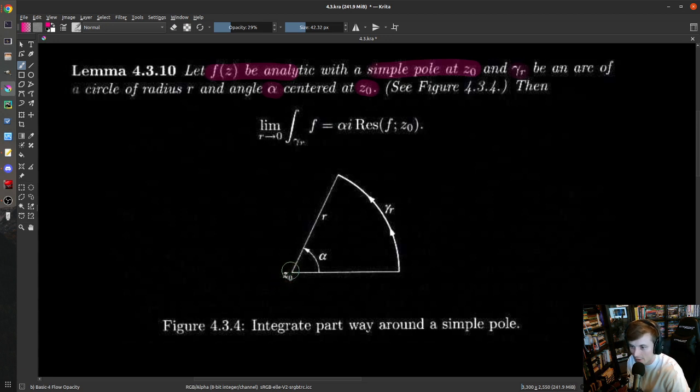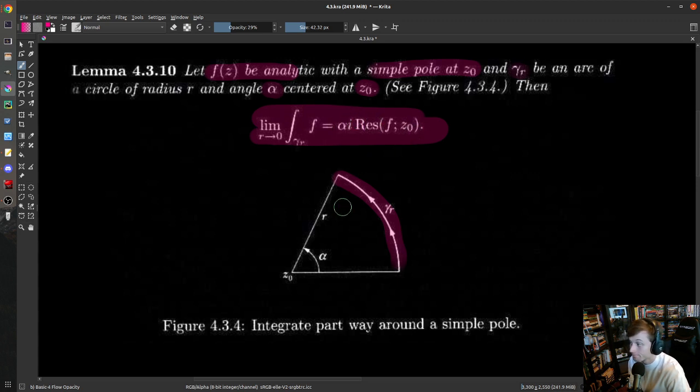This is basically the little chunk we're going to go across. Then the limit as r goes to 0 of the integral of f around this contour is equal to the angle times i times the residue of f at z0.